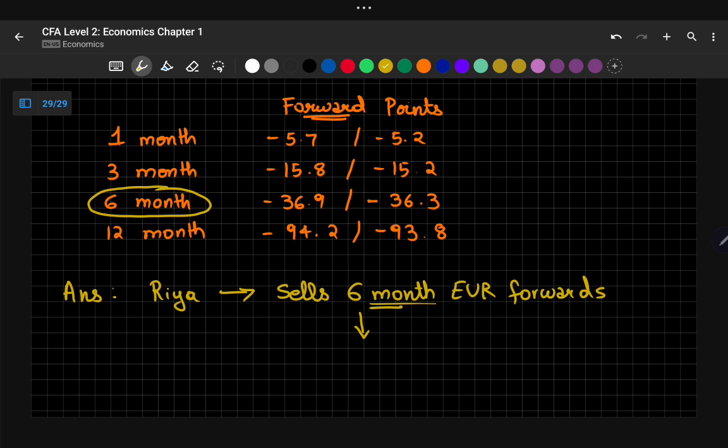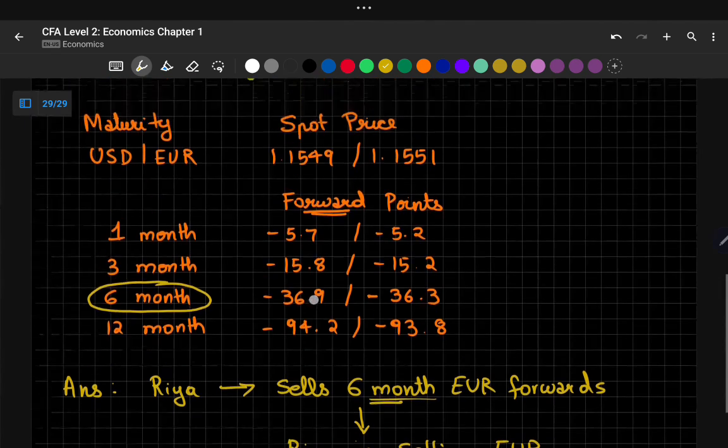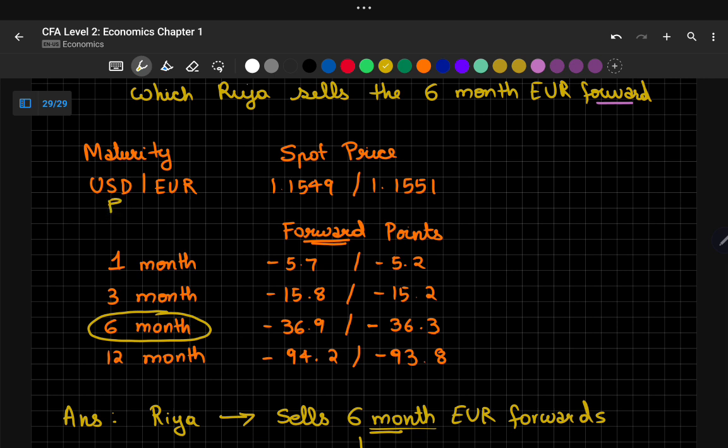In this case, since Ria is selling euro, it means that Ria is selling the base currency. So this is price to base, right?